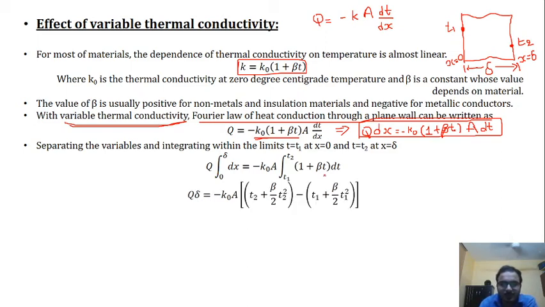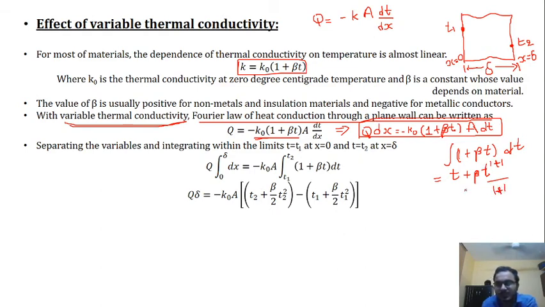Now after integrating this term we will get a formula like this, because the integration of (1 plus beta T) dT will be, for integration of 1 it will be T, and beta is already a constant and the integration of T is T raised to 1 plus 1 divided by 1 plus 1.